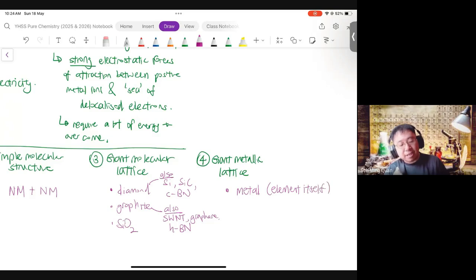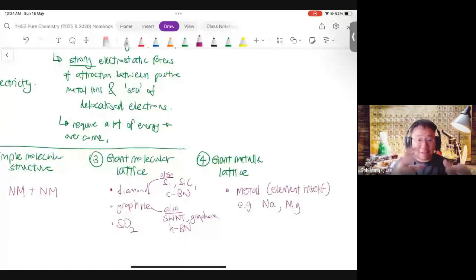It's the element itself. That means sodium, magnesium, element itself. Tin, element itself. Or the alloy. What's alloy? Alloy is a mixture of a metal with another element.